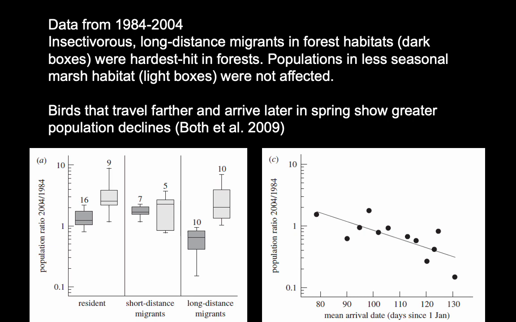We would expect the forest birds compared to the wetland birds to have a harder time, and that's what we see when we measure the data. So all arrows are pointing towards this climate change driven phenological mismatch being a major driver for rapid population declines.